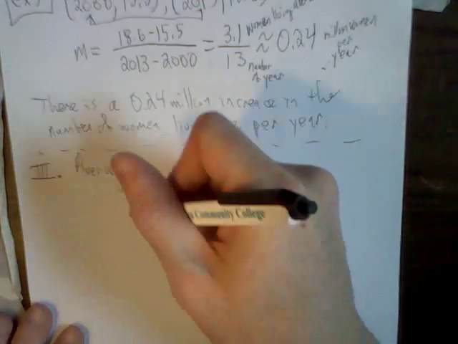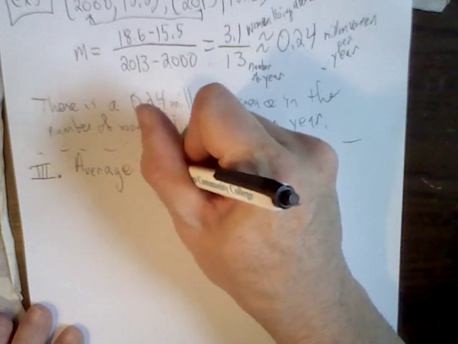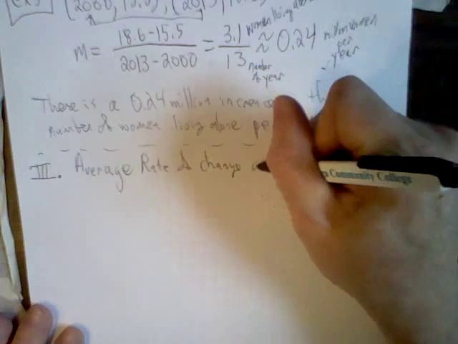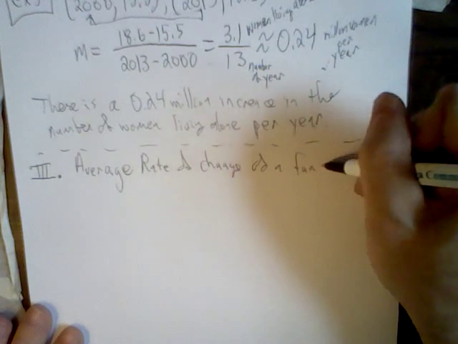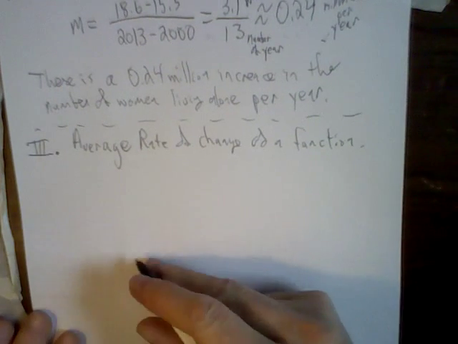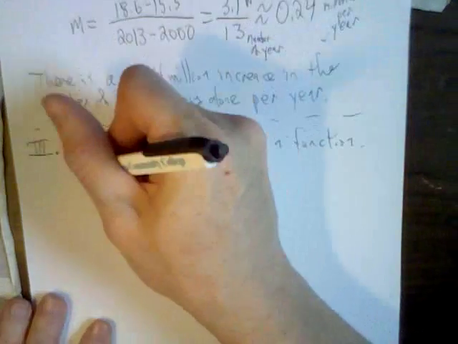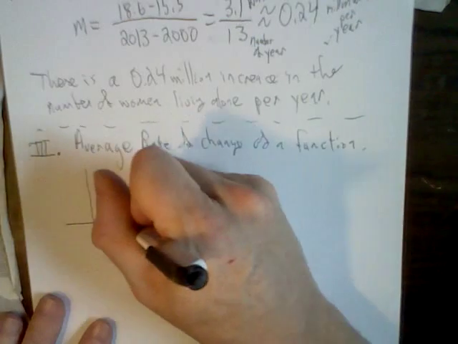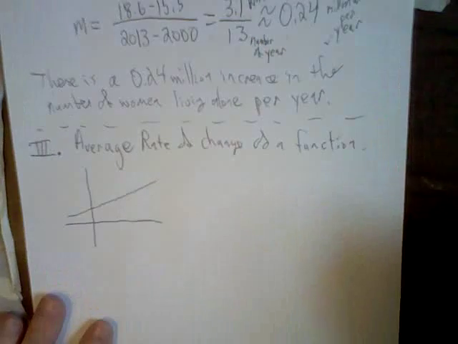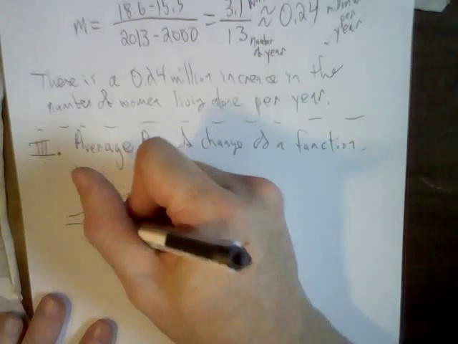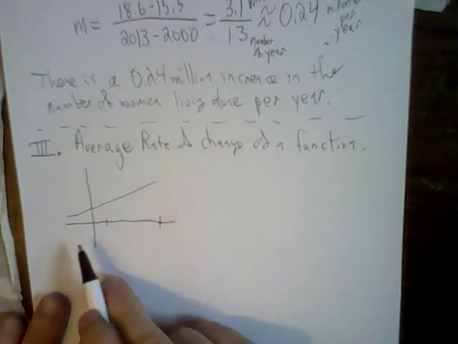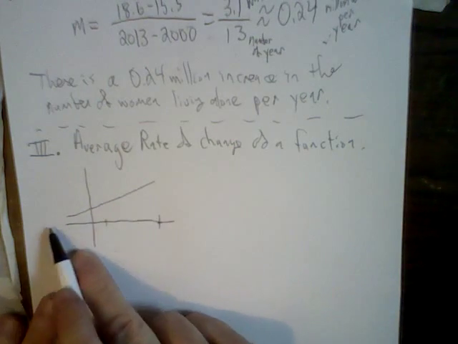So we have the average rate of change of a function. I'll just go ahead and tell you what I usually tell my calc students. We're very familiar with slopes of lines, right? The slope of the line at this point is the same as the slope of the line at this point. It has the same tilt across the board, right?